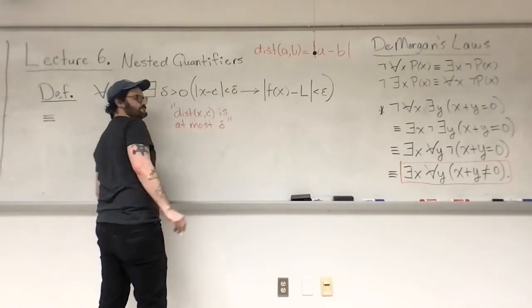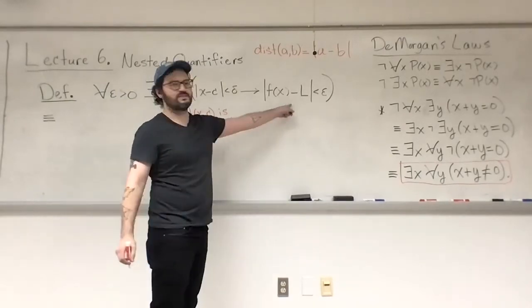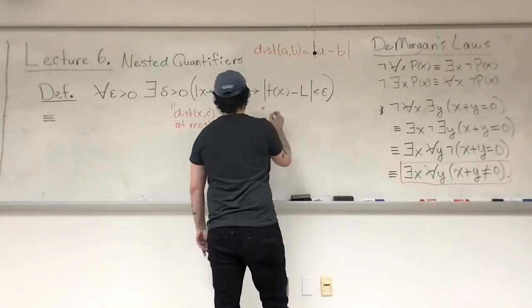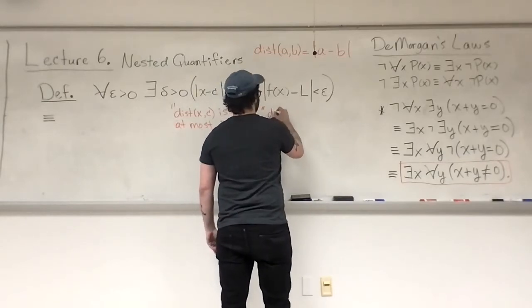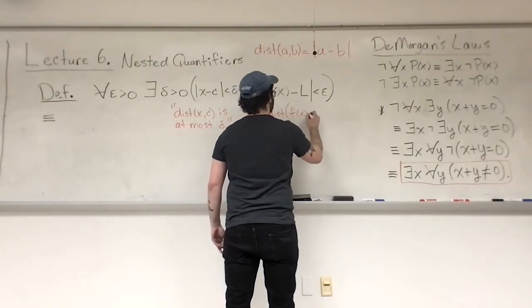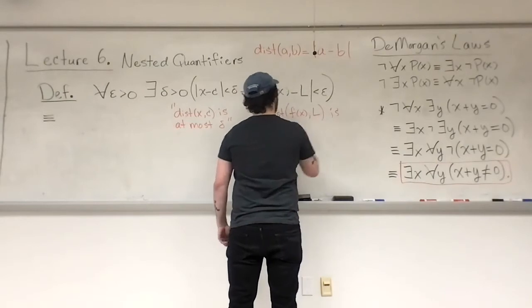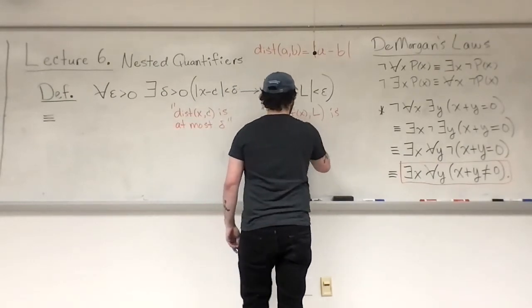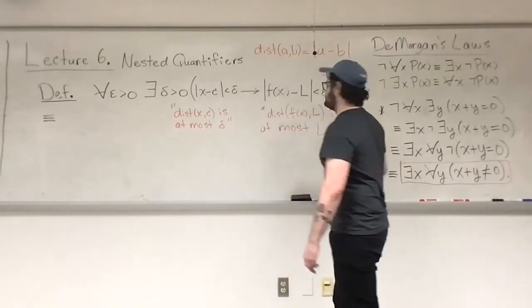That's right there. Distance again. So this is the distance from f of x to whatever L is, at most epsilon.